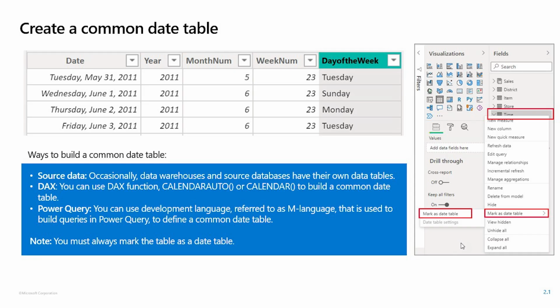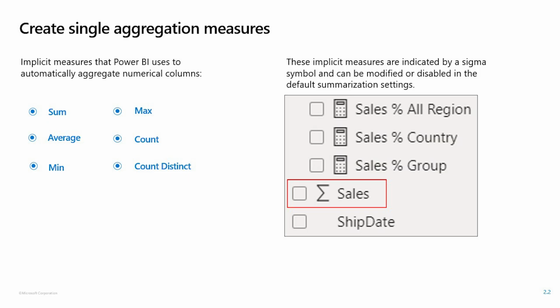Be aware of the fact that you can create date tables in one of 3 ways: in the source data, via DAX function, and using Power Query. You should know that when you see a sigma icon, it is an indication that you're dealing with an implicit measure. You can modify or disable implicit measures by changing the default summarization settings.